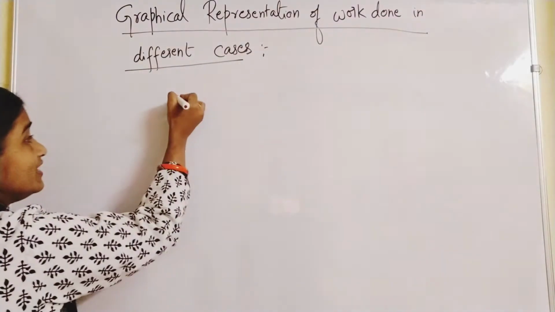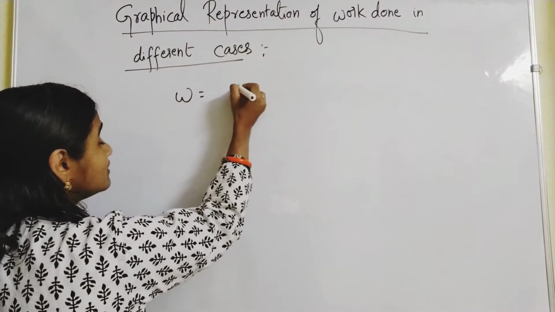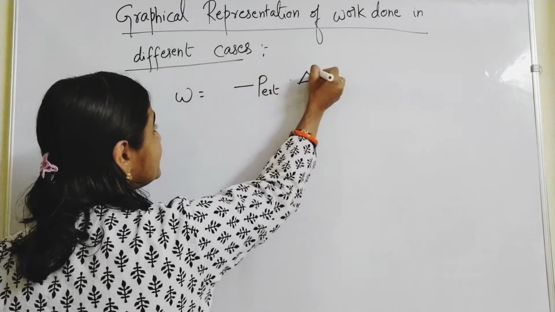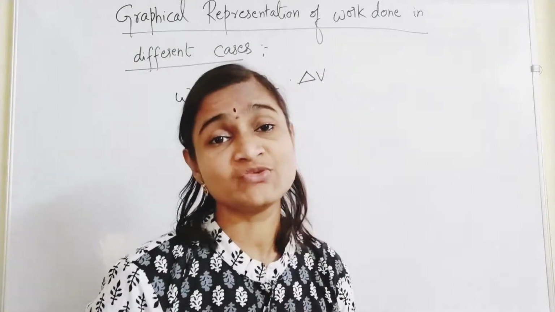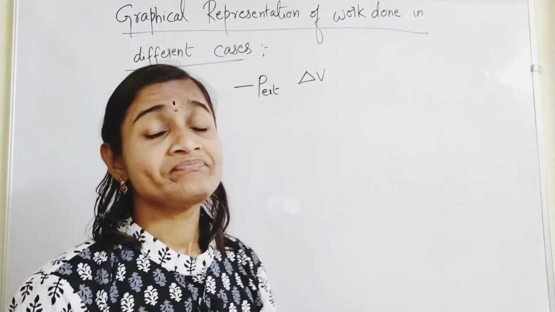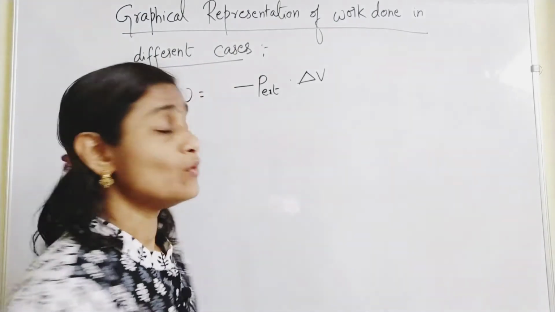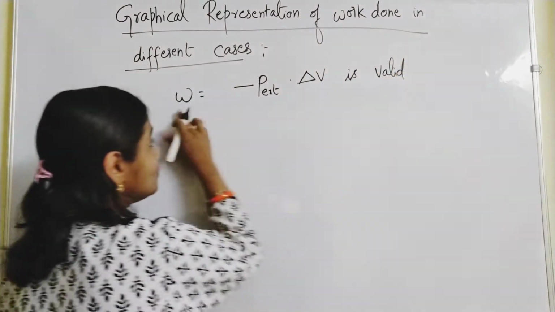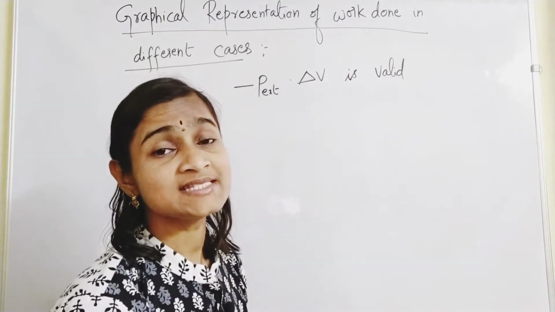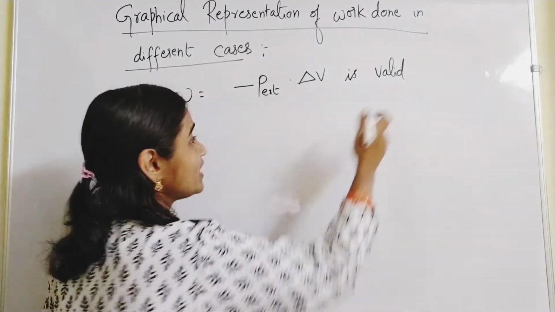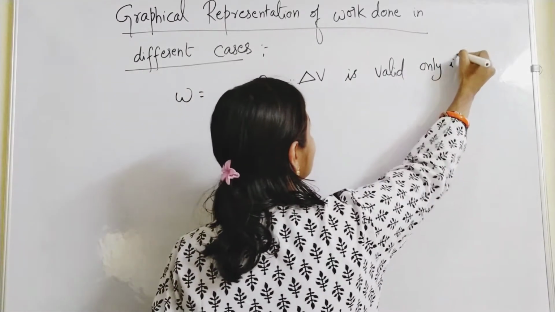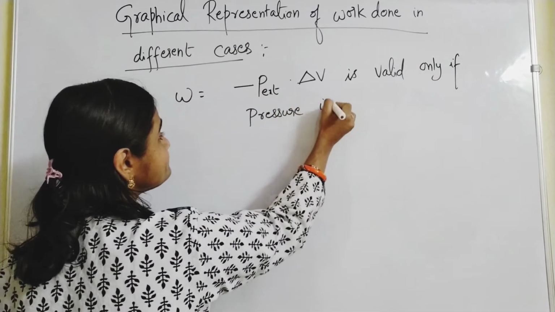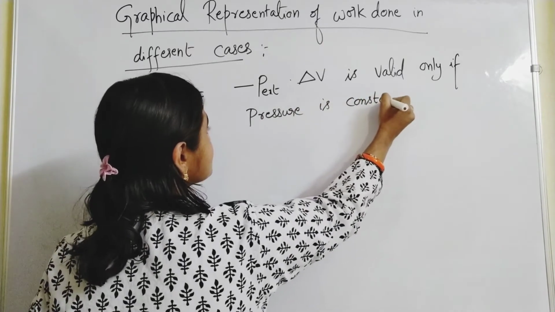And we have learnt the important formula for work: W is equal to minus P external into delta V. This formula is valid only if pressure is maintained constant.